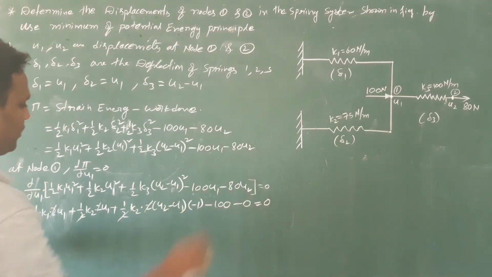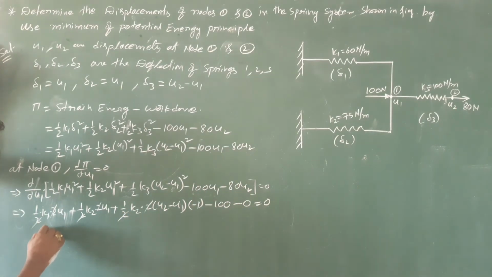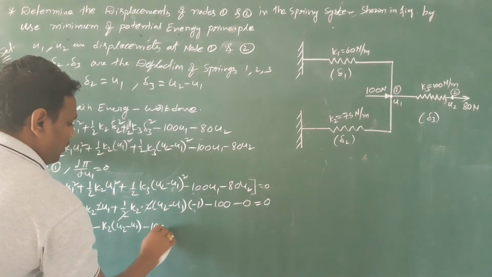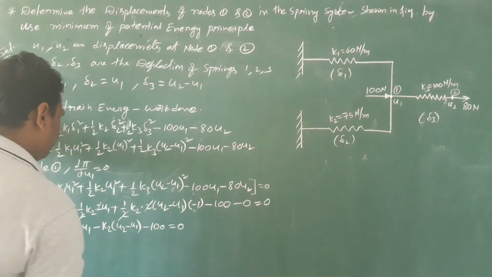The remaining equation we get is k1 u1 plus k2 u1, plus, here minus is there, minus k3 (u2 minus u1), and minus 100 is equal to 0.